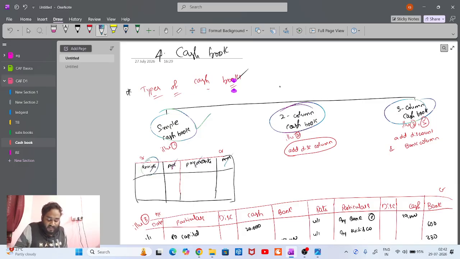Here, instead of particulars, we say receipts and payments. And then there is the folio number. In the two-column cash book, a discount column is added, and in the three-column cash book, there are discount, cash, and then the bank.